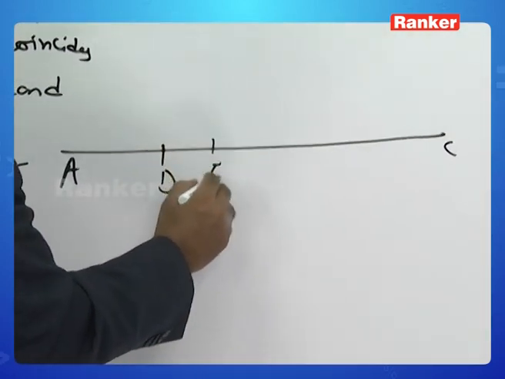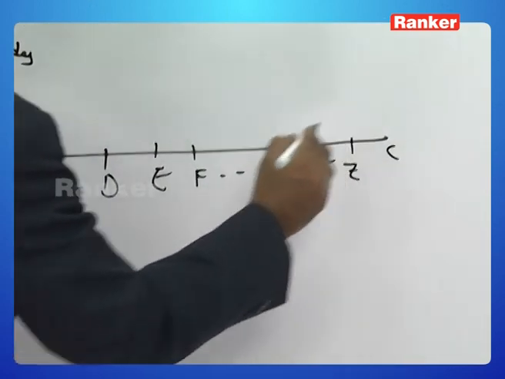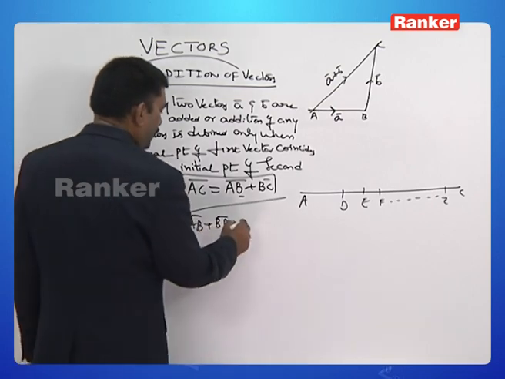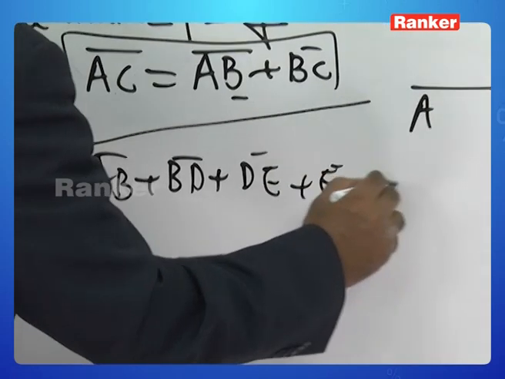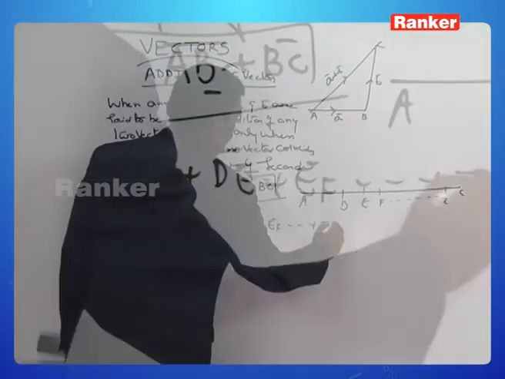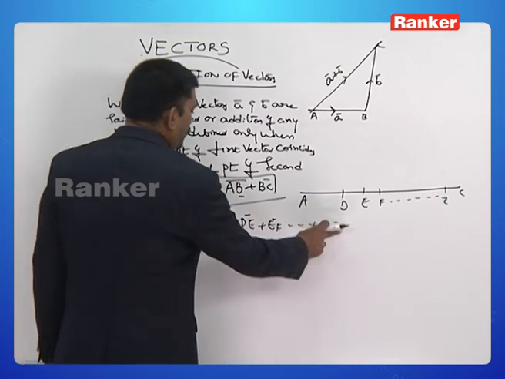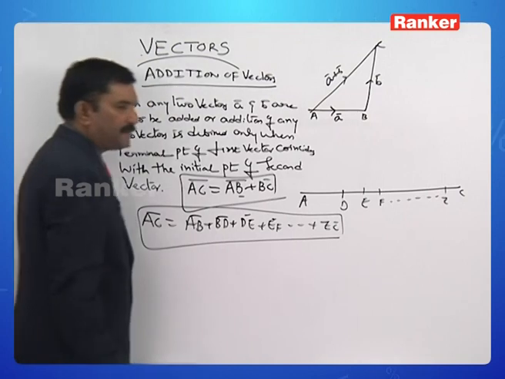This is D, this is E, this is F, and so on. Last one will be Z. We can also write BD, next DE, next EF, and so on. The last one is ZC. Therefore, the first and final points are A and C. You can add any number of vectors.